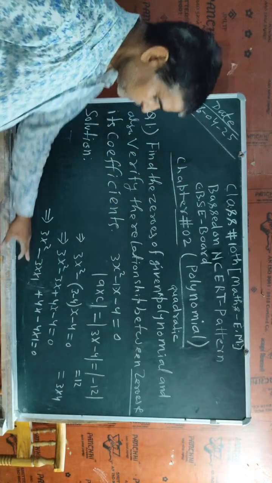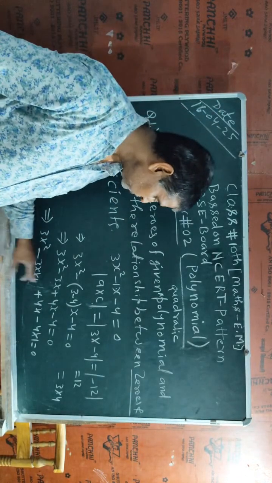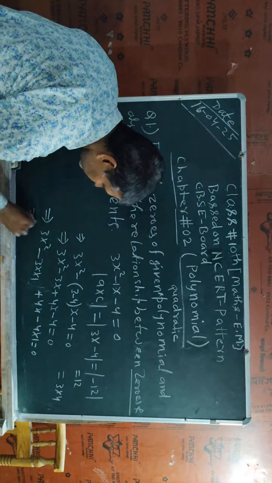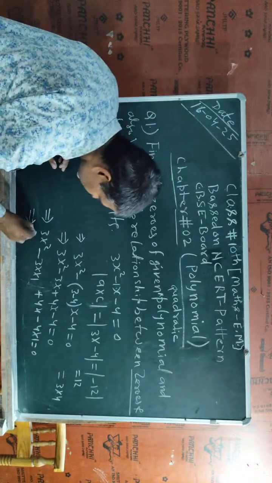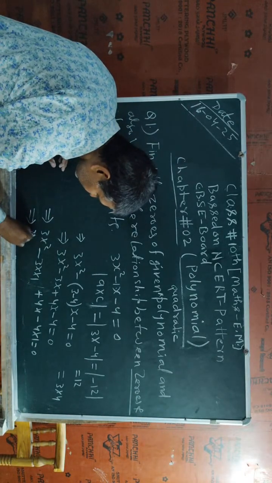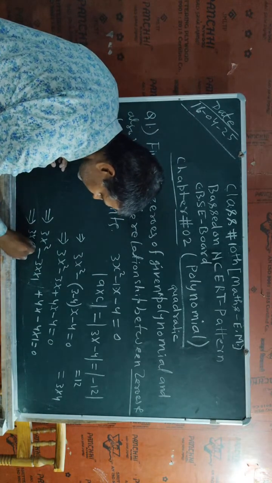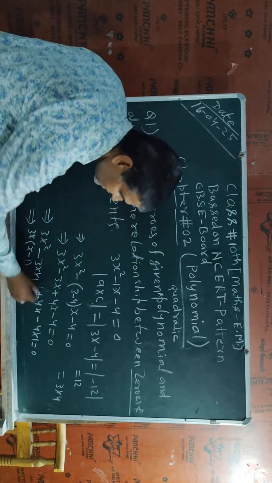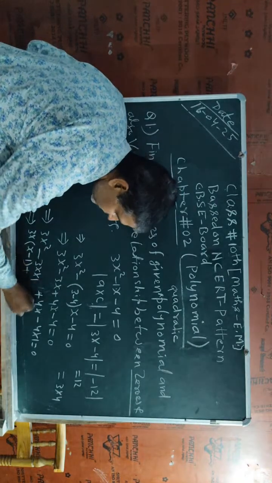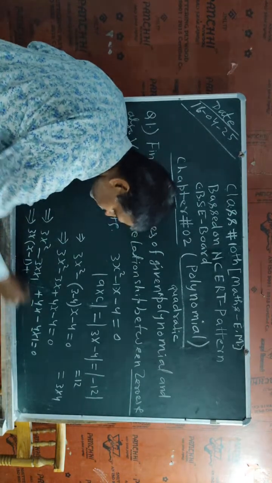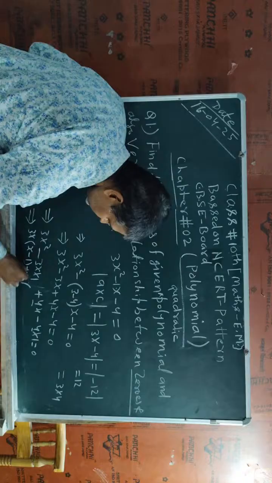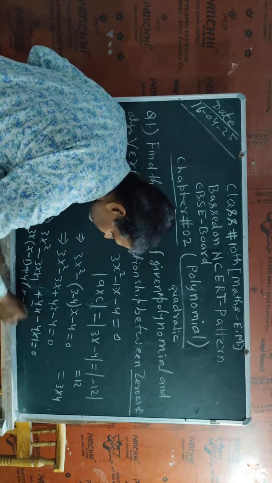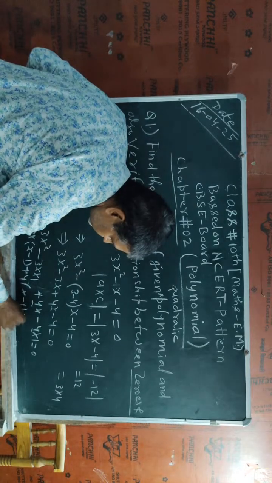If I multiply 3x into 1, it becomes 3x. I write like that because I have to take the common factor. I take 3x common, so in this term x will be there, and in the other term 1 will be there. Here plus is available, so I take plus 4 common. Now here will be x, and in this term it will be minus 1, is equal to 0.